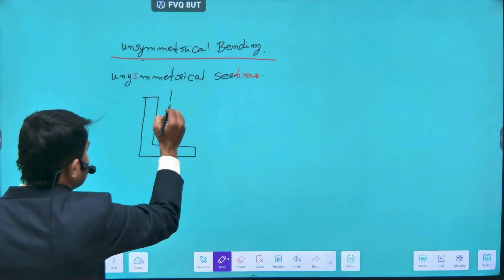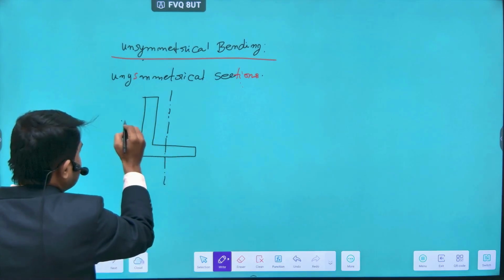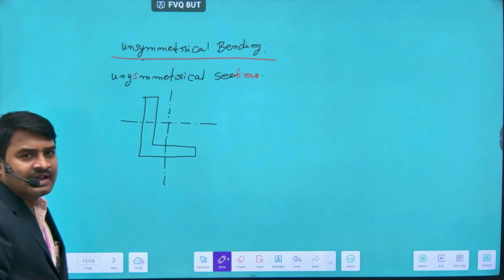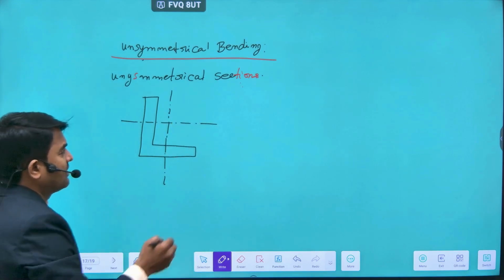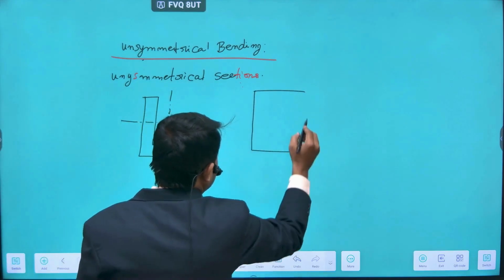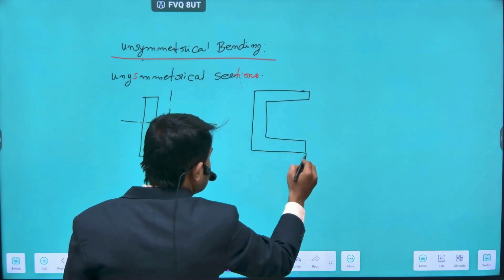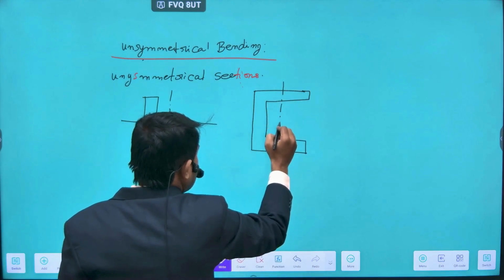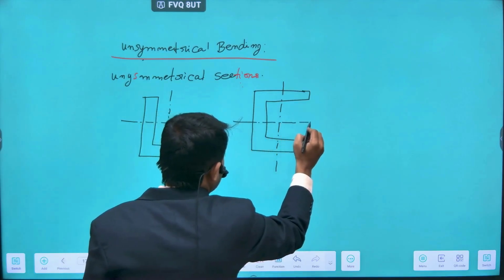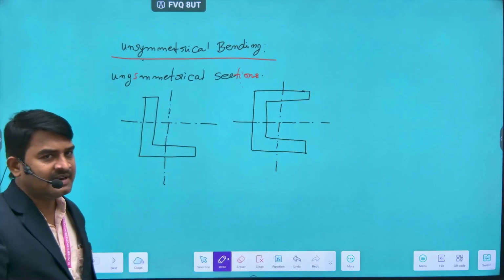So this is the vertical axis and this is the horizontal axis. So this is one type, an L section, or a channel section. The channel section is in the form of a shape like C. Okay, so this is the vertical axis of the section and this is the horizontal axis of the section. So these are the best examples for unsymmetrical sections.